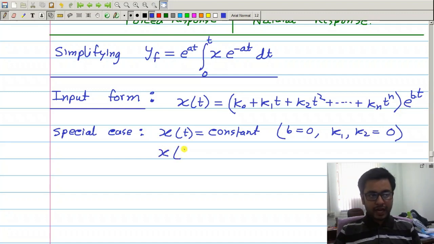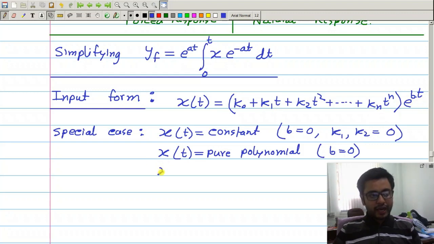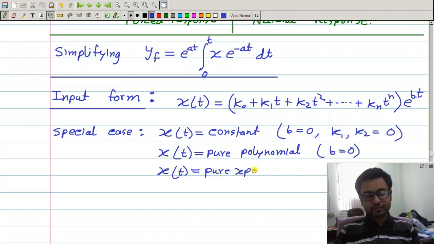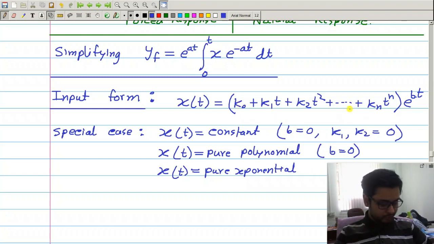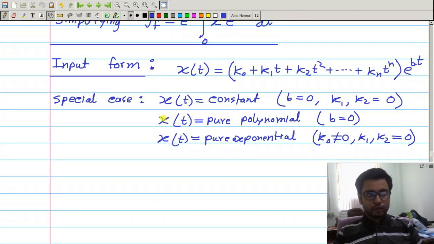Similarly, you can have a pure polynomial. That means set b equal to 0. So only this polynomial term will remain and this part will become 1. You can make it pure exponential by setting k0 equal to 1 and k1, k2 equal to 0. So these will be some special cases of this general form of the input.